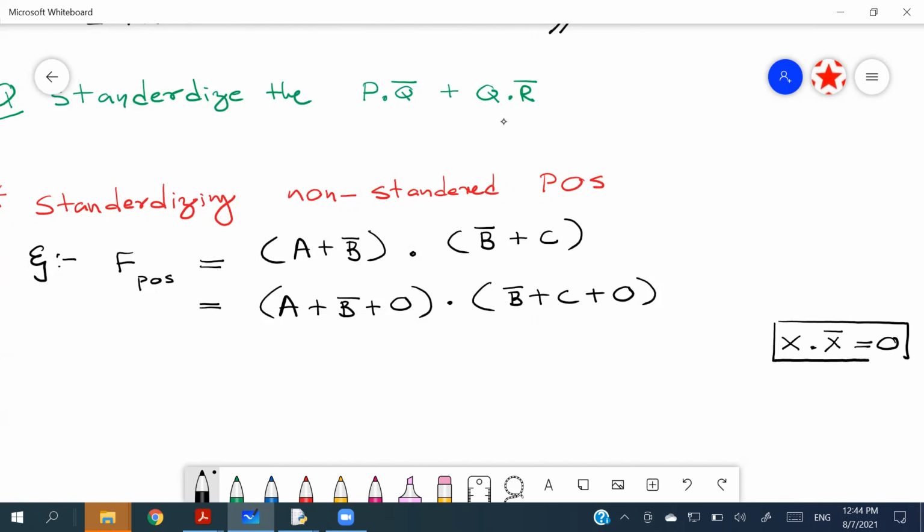We know about this now. So what we are doing is we replace the 0 with x dot x bar, but when we are replacing it, we use the missing variable. Right? So here we go. A plus B bar plus C dot C bar, and dot B bar plus C plus A dot A bar.